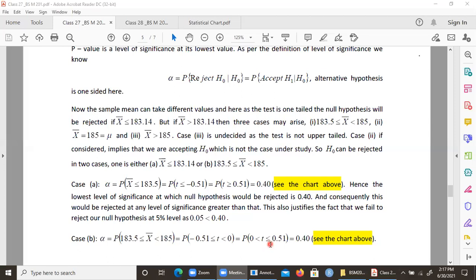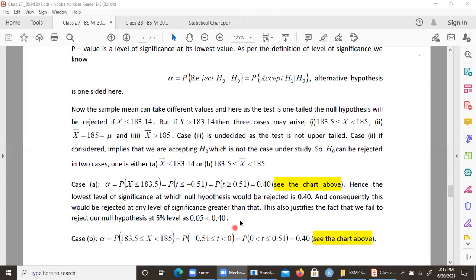Since this equality sign is there, we can say that T equal to 0.51, when it is falling between 0.27 and 0.74, is falling in the rejection region, which has 40% probability. So here also it is approximately equal to 0.40. Actually, I shouldn't use the notation of equality. I should use the notation approximately equal.